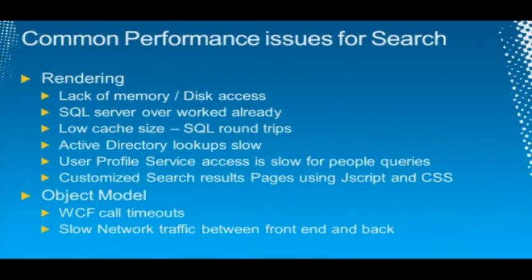And often when our web front-end servers are busy doing other things, and we've got some business intelligence running, some forms, whatever, and then several people concurrently try and do a query, that rendering of the query results can take time because of the page loading that's happening, because of other things happening on the box, not just the search query. So that's a very common issue.